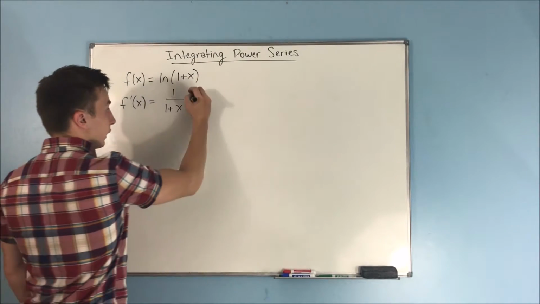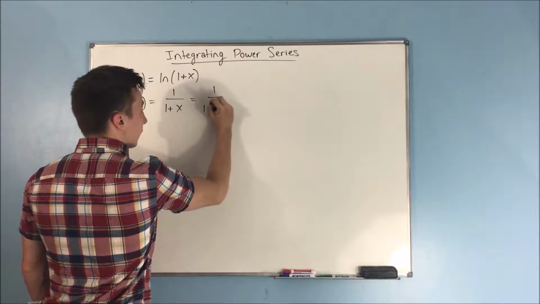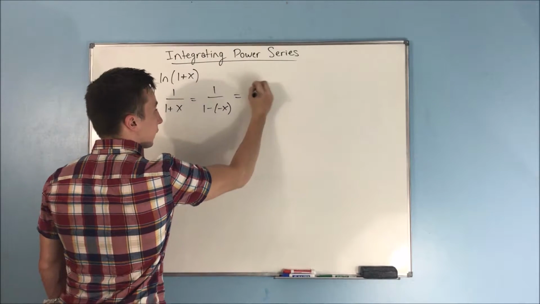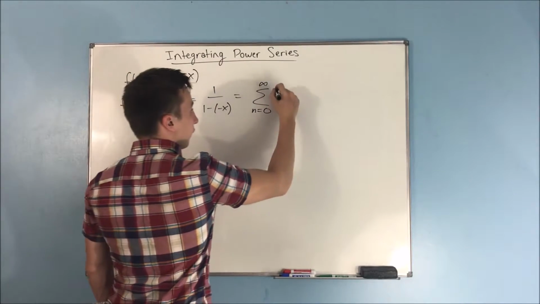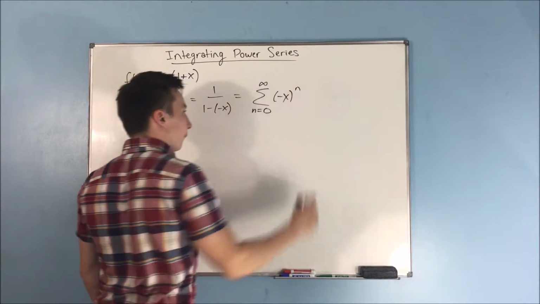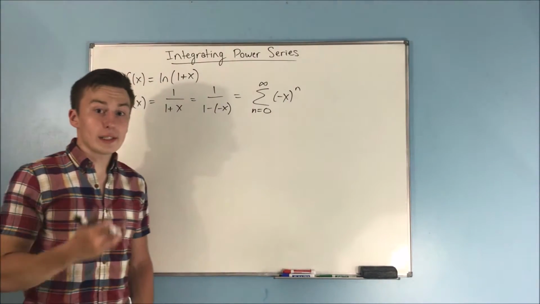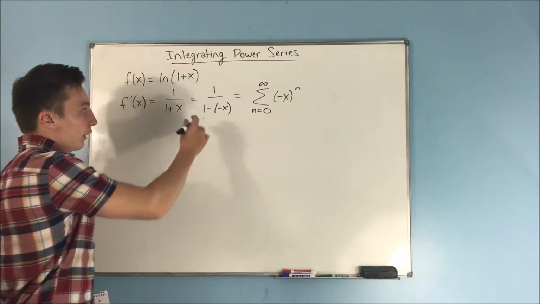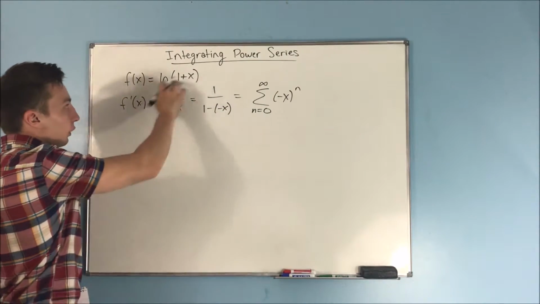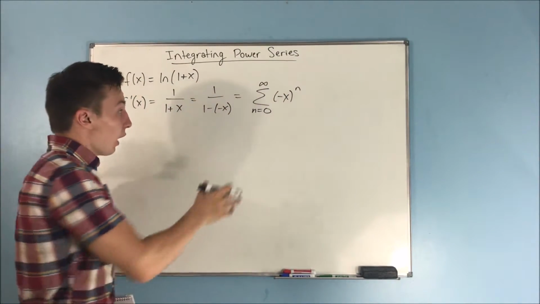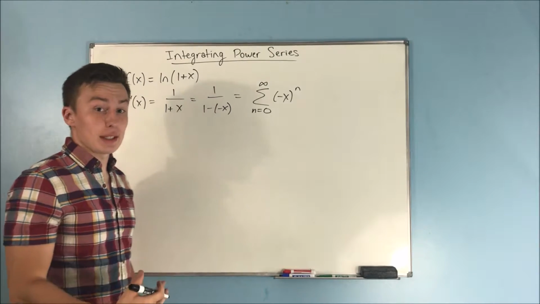Said another way, this is 1 over 1 minus a negative x, which we can write as the power series, the sum from n equals 0 to infinity of negative x to the nth power. Why is this good for us? Well, if we integrate these things, we're going to get back to that natural log of 1 plus x, and now we'll have a power series that can represent that.